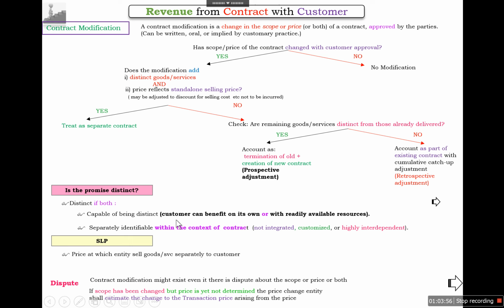It is distinct because the customer can benefit on its own. Yes, it is distinct. The second condition is whether the price reflects the standalone price. No, the price is not reflecting the standalone price because the price has been reduced from 1,20,000 to 1 lakh. So in this case, we need to check whether the remaining goods and services are distinct. Yes. So in this case, we need to terminate the old contract and create a new contract.